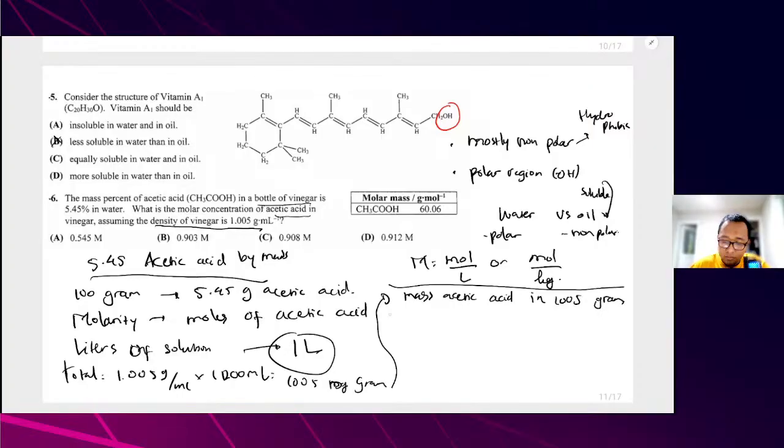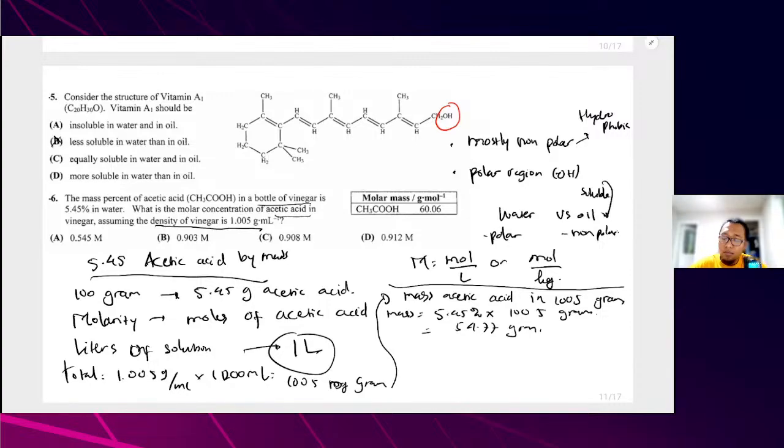Mass is 5.45 times 105 gram, so the answer will be 45.77 gram. So we know in 105 gram of solution there is 54.77 gram of acetic acid.